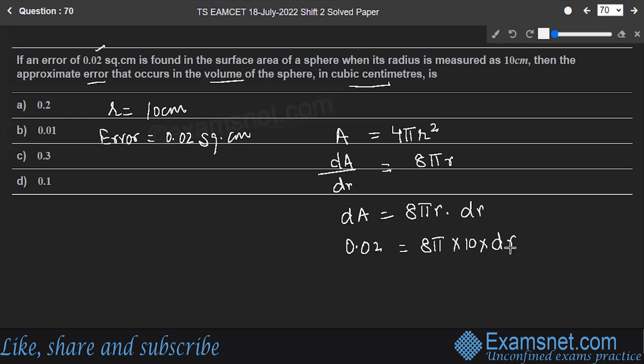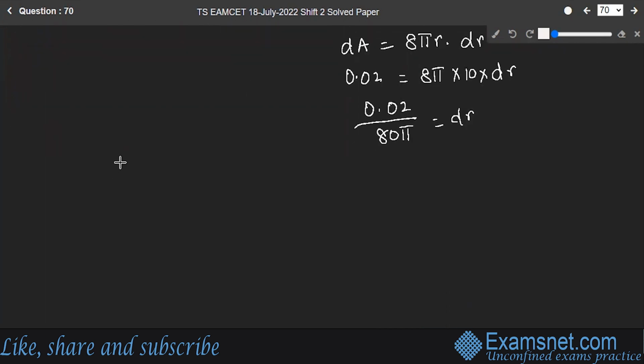I have to find out dr. This is going to give me 0.02 upon 80 pi as dr. We have to find out the error that occurs in the volume of the sphere. So volume of sphere, you know, this is 4 by 3 pi r cube.